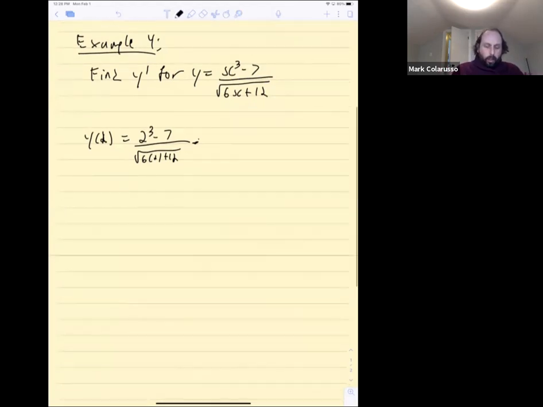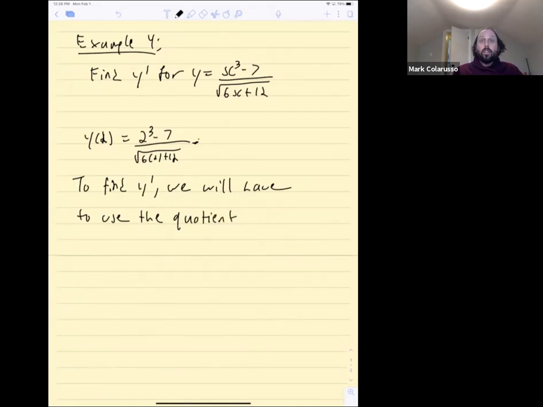So to find y prime, we will have to use the quotient rule followed by the chain rule.